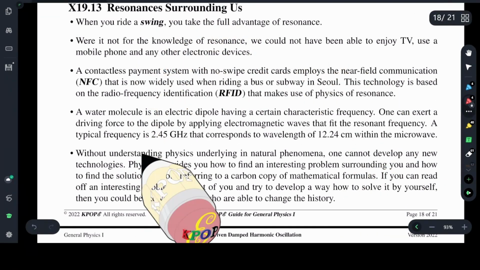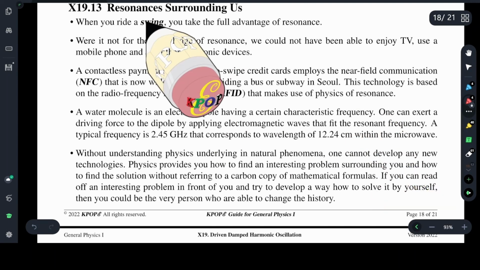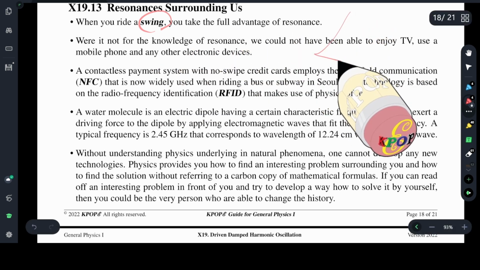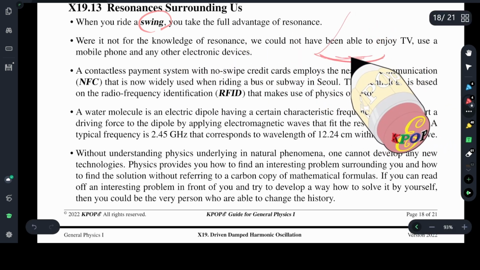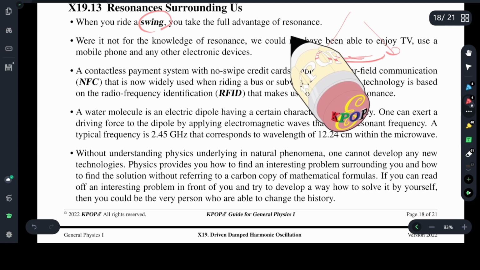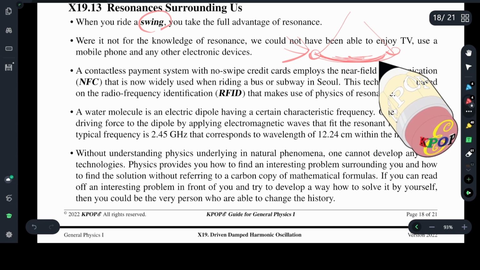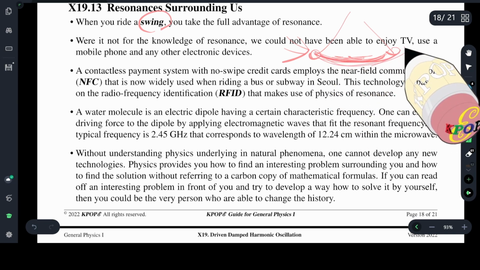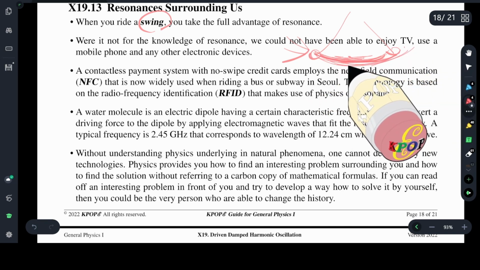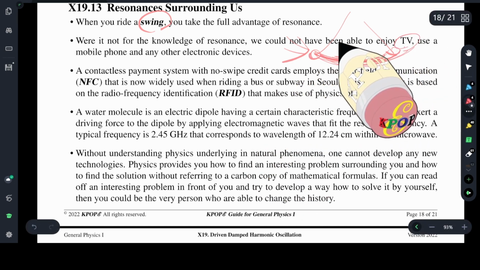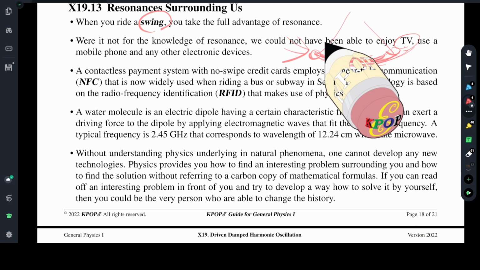We use resonance so much in our life. When we are young, when you ride a swing, it decays. But if you apply a driving force with the same frequency as the characteristic frequency of this pendulum, then you keep riding the swing. Your electronic appliances make full use of resonance frequencies.